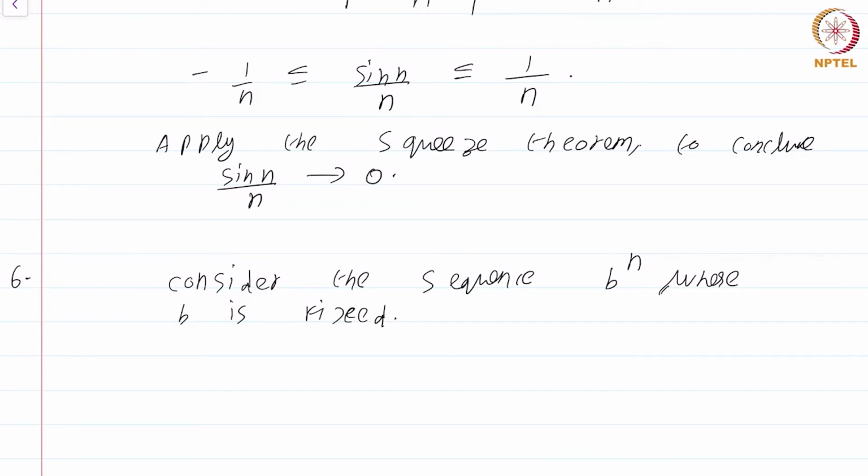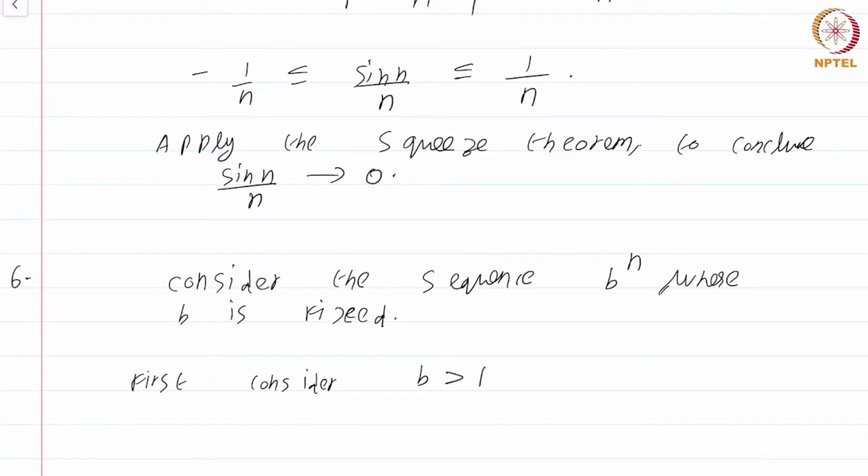Well, it depends on whether the modulus of b is greater than 1 or not greater than 1. That is, it lies between minus 1 and 1. To see precisely what happens, first we will consider b greater than 1.